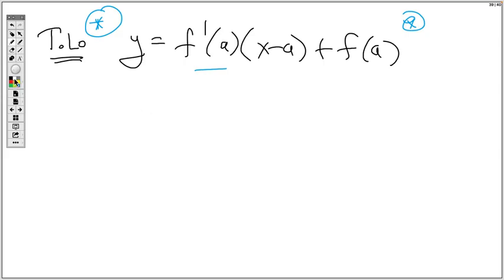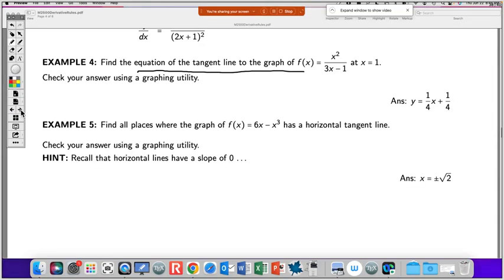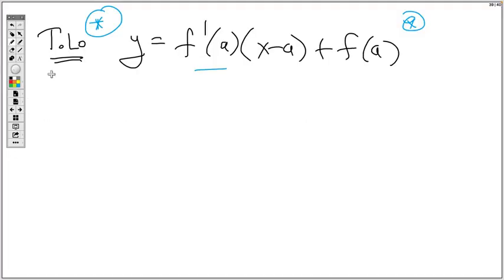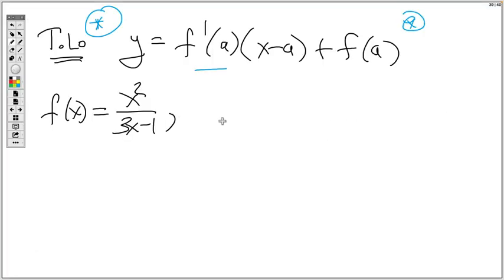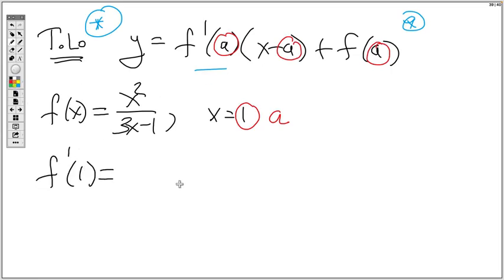So in this particular case, the function they give you is x squared over 3x minus 1. And the x value they care about is x equals 1. So this is our a value. So what I need is f prime of 1 and f of 1.